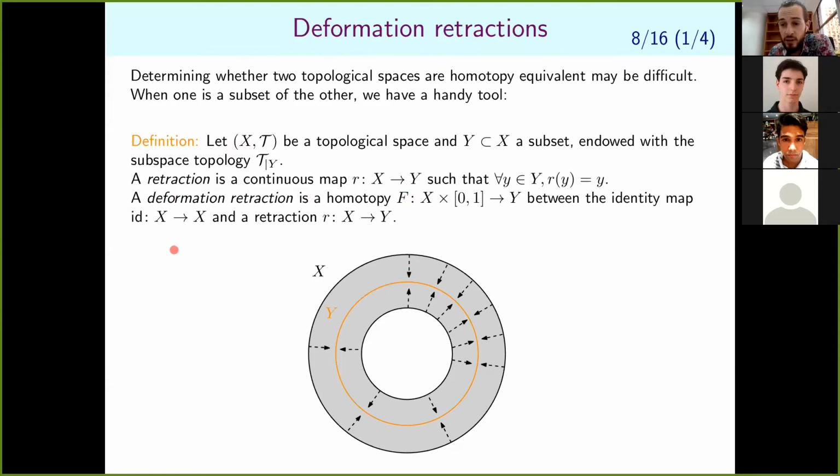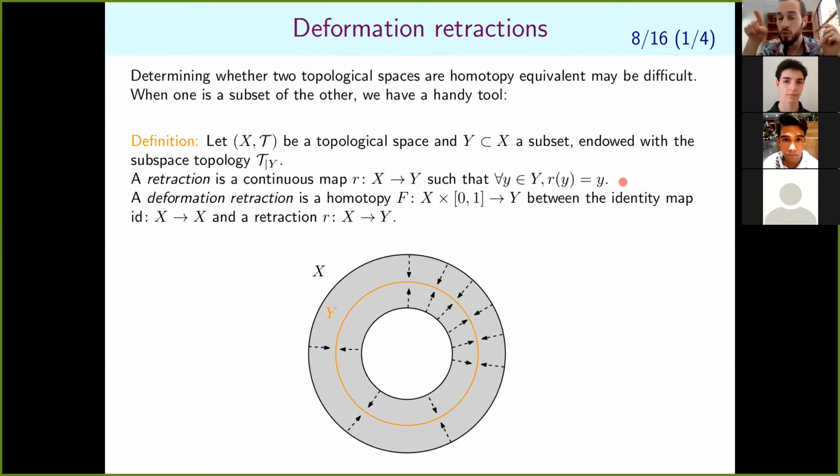I define a retraction as a continuous map that goes from X to Y, and such that for every point of Y, the image of that point by the retraction is itself. So a retraction is a map from the whole space onto the subspace, the subset, that stabilizes the subset.